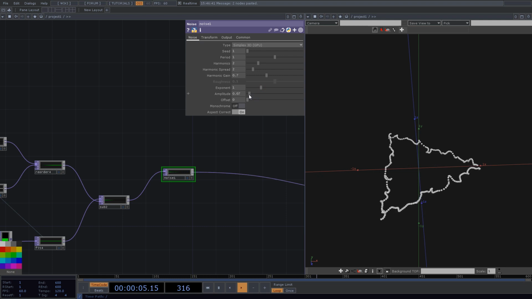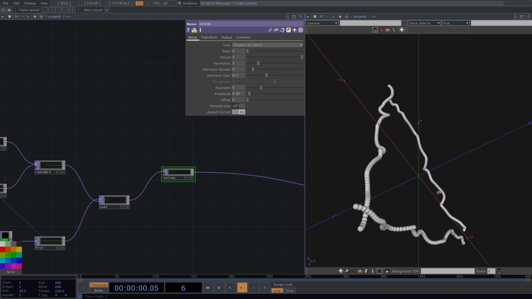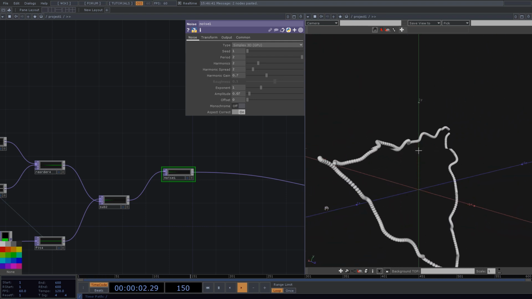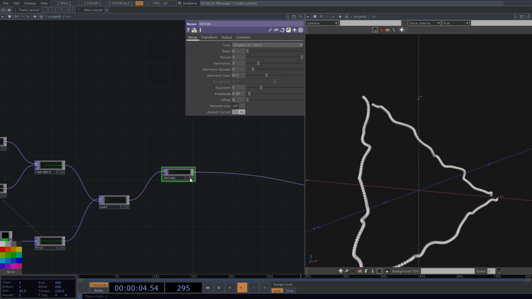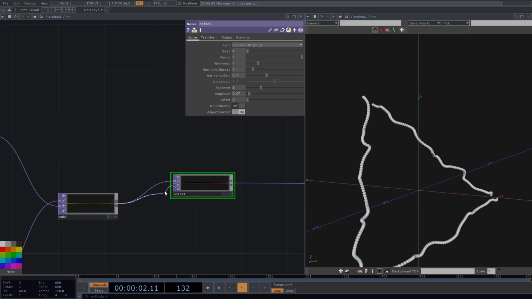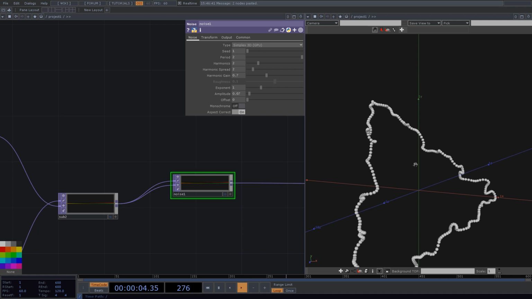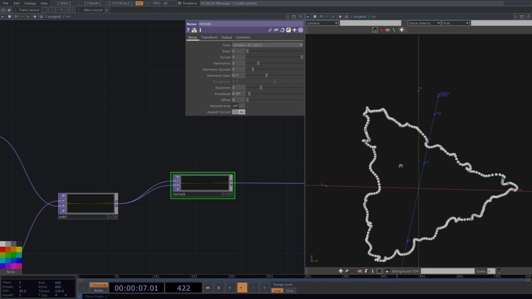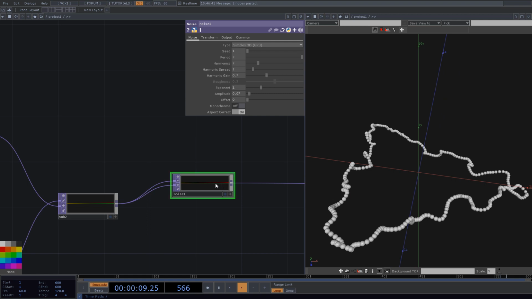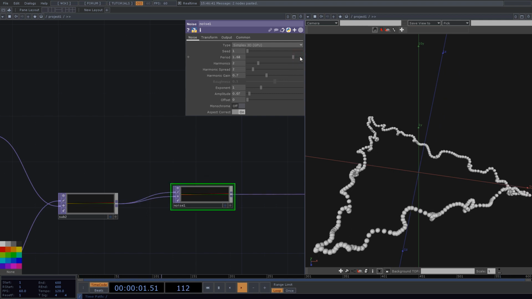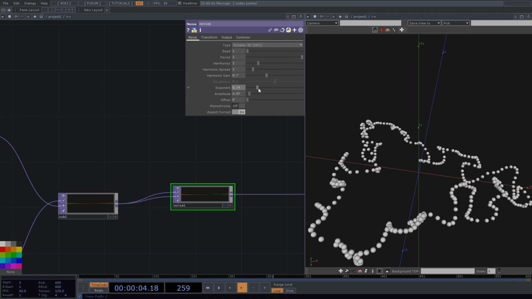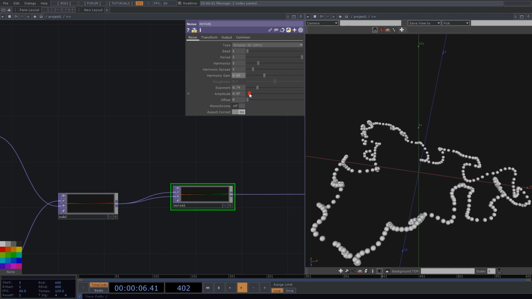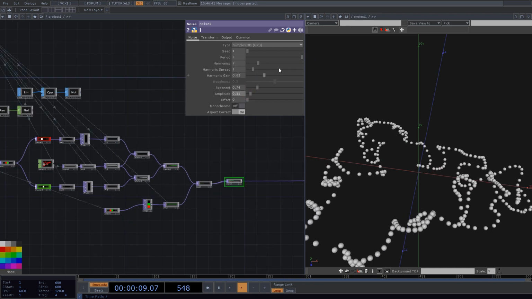Now you see the ends are not connected, right? This is because our noise values are not actually on the points we have. We can achieve that by doing this, and now our corners are connected, so we can play with this noise as we want now.